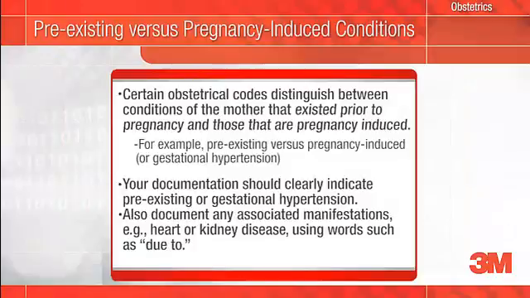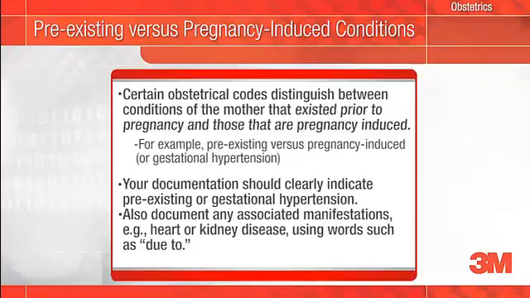Certain obstetrical codes distinguish between conditions of the mother that existed prior to pregnancy and those that are pregnancy-induced. This concept existed in ICD-9 and is not new to ICD-10. One example of this is pre-existing versus pregnancy-induced or gestational hypertension.